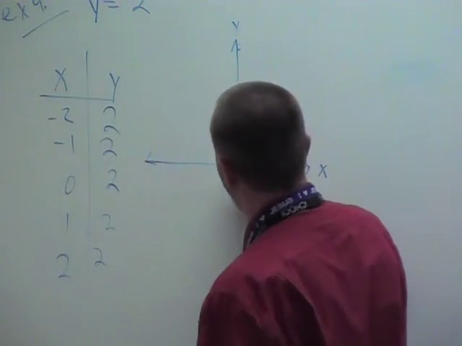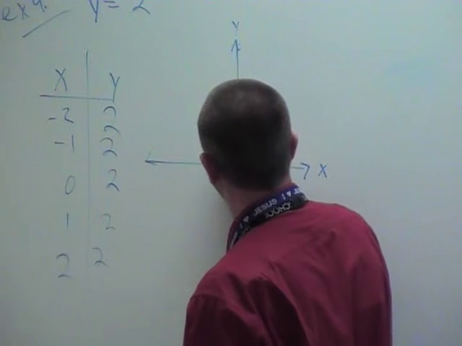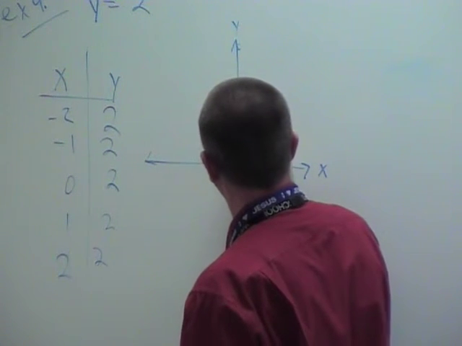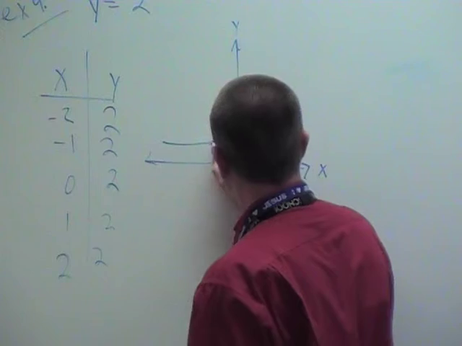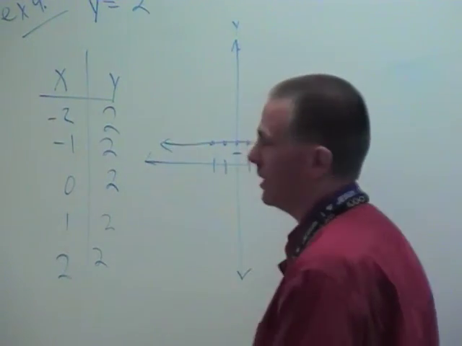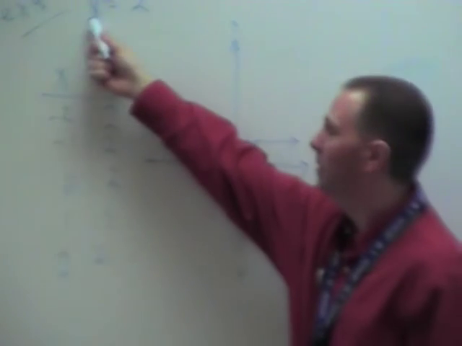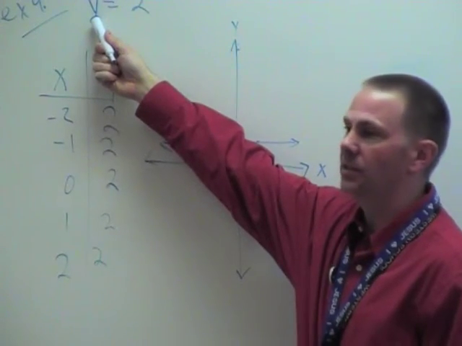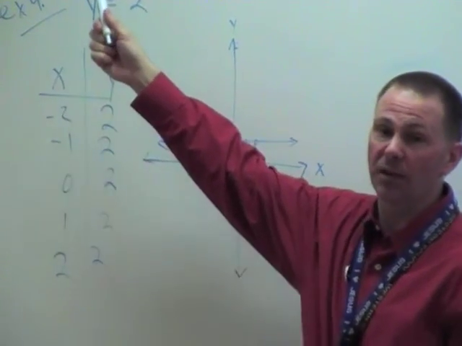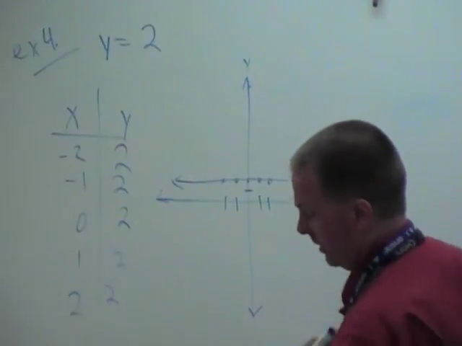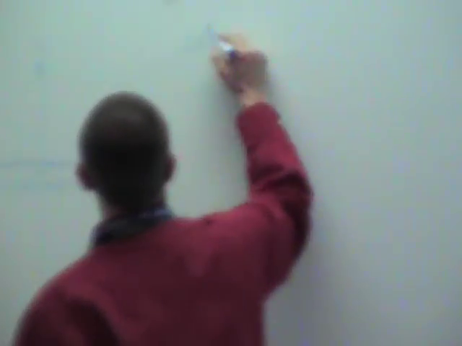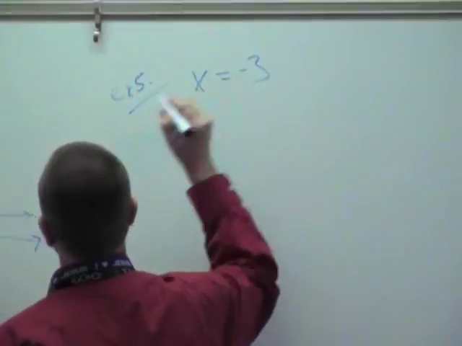So if you graph that, you get what? A horizontal line going through what axis? Y. This is to help you remember if it's horizontal or vertical, because the next example is x equals negative 3.